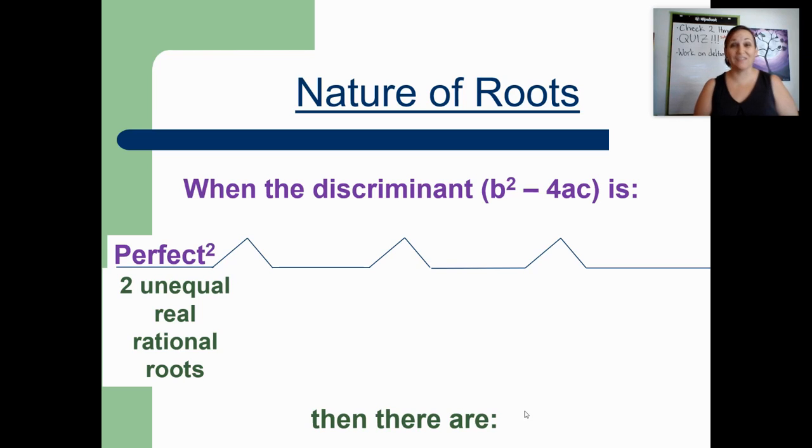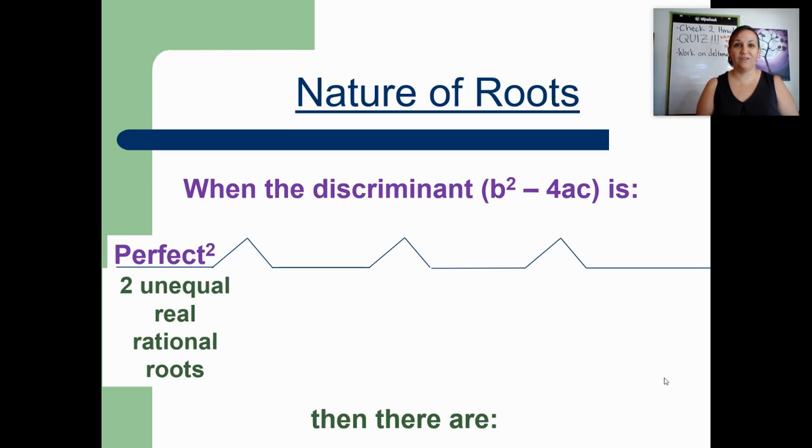So that's the phrase that you need to write. You'll need to memorize these phrases. So again, the way that we read this is we read the sentence at the top. When the discriminant is a perfect square, then there are two unequal, real, rational roots.